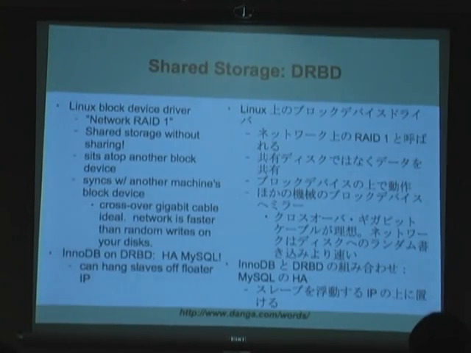So if you use DRBD, you can have two just commodity machines with crossover gigabit or something between them, and DRBD implements this network RAID 1 where you have two block devices on two machines kept in sync over just the network. And so it sits on top of another block device, so you can use whatever existing storage hardware you want, and you run InnoDB on that.